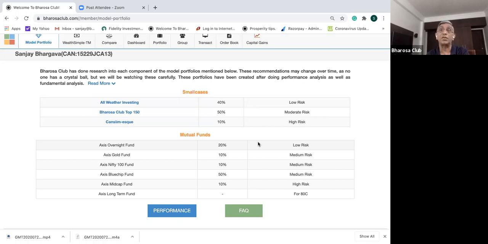So that is essentially where you have passive investing and you don't have active investing. So we've called that medium risk. The Axis Blue Chip Fund, because it invests in blue chips, though it's actively managed, is again a medium risk fund. And then the mid cap fund, because it invests in smaller stocks and mid cap stocks, is a relatively higher risk fund. So it's a high risk fund. Okay. So now let's get back to performance.